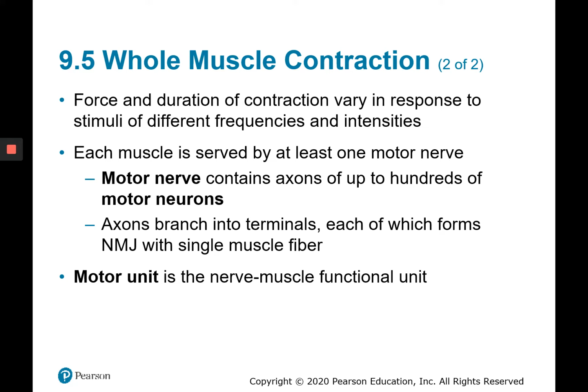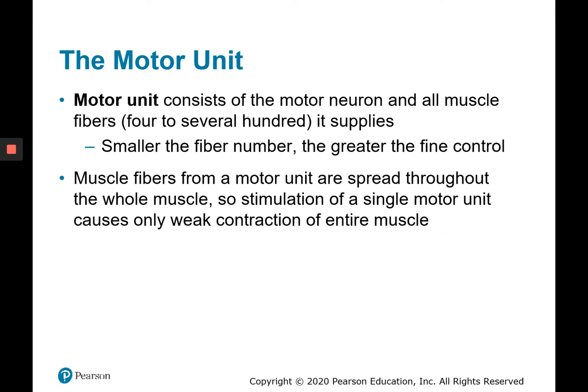It is basically a bigger version of the neuromuscular junction, because a motor nerve contains many axons, not just one, and all those axons have branching axon terminals that get really close to their associated muscle fibers. So motor neurons plus all of the skeletal muscle fibers that they innervate, that's what is considered a motor unit.